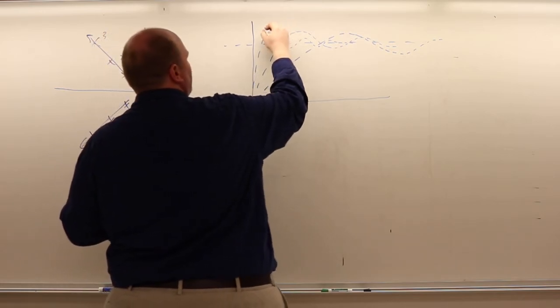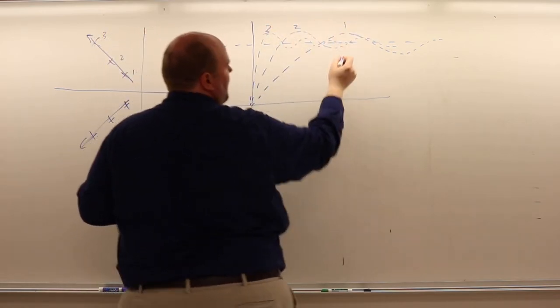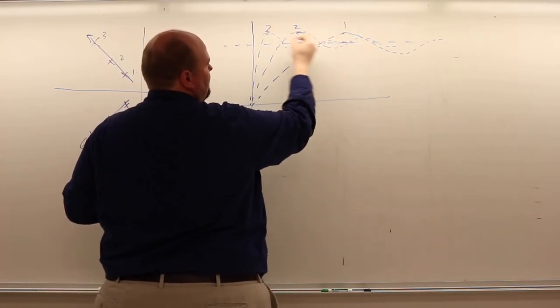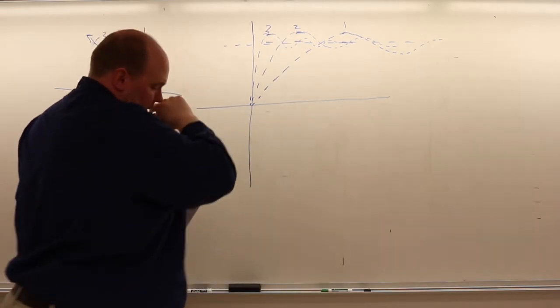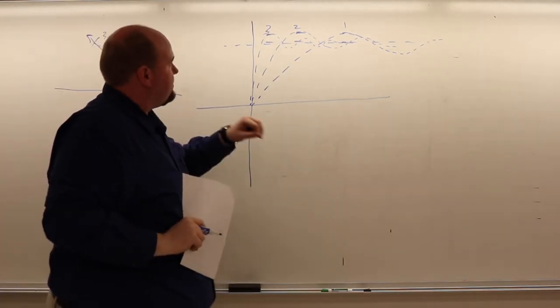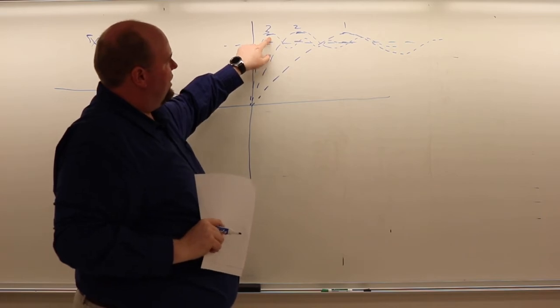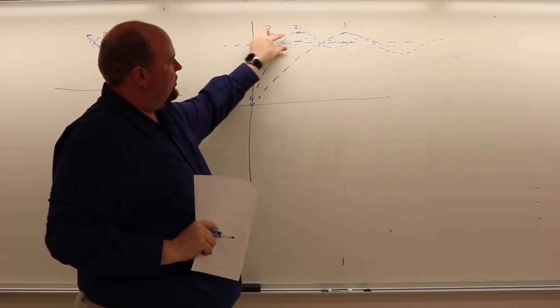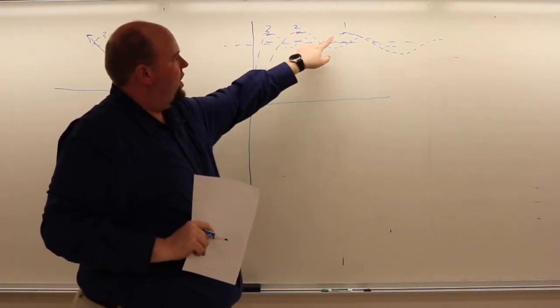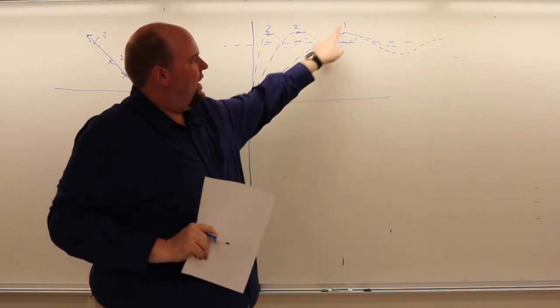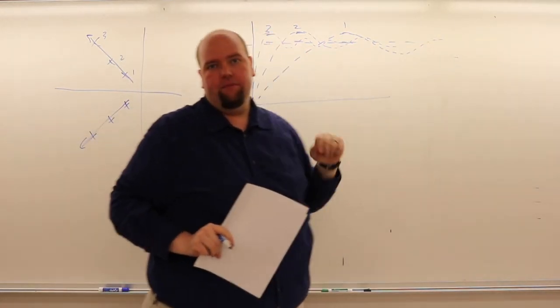This is 3, 2, 1. All of them have the same percent overshoot. But what's happening here is 3 has the shortest time to peak and also the shortest settling time. 1 has the longest time to peak and also the longest settling time.